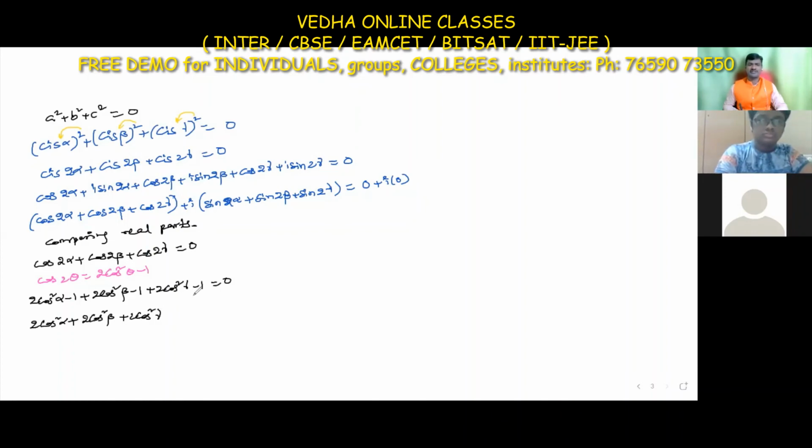Taking it to the right side, it becomes plus 3. Take 2 common: 2 into (cos square alpha plus cos square beta plus cos square gamma) is equal to 3. So cos square alpha plus cos square beta plus cos square gamma is equal to 3 by 2.